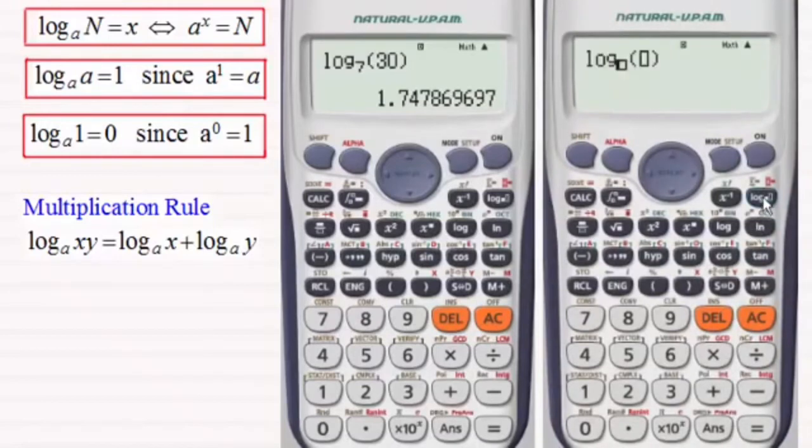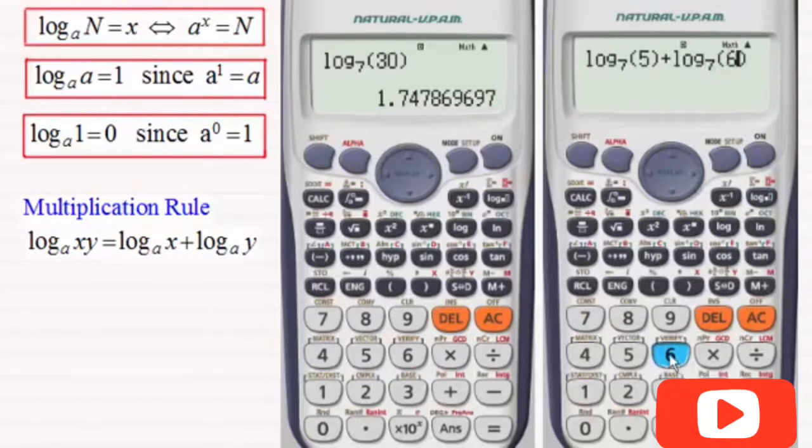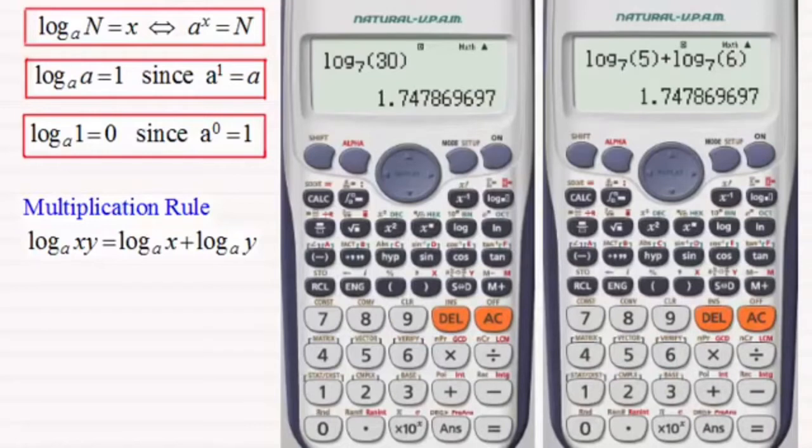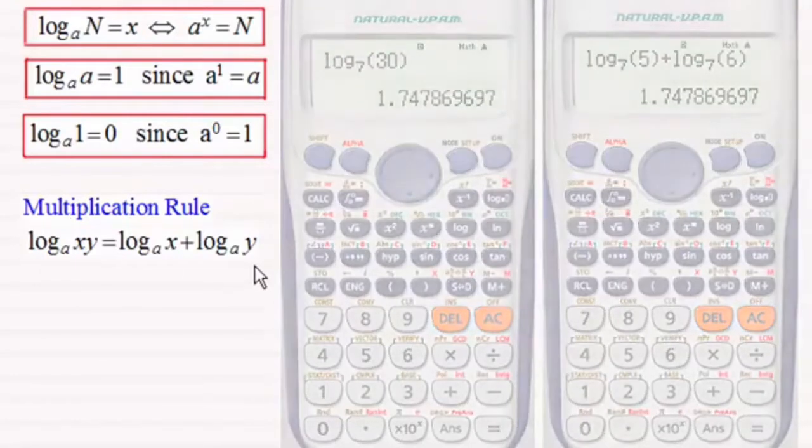So I could just verify this by doing the log in base 7 of 5. And if we move the cursor across, plus, and then if I take the log in base 7 of 6, press equals, we get exactly the same value. So do try experimenting with this rule on your calculator just to verify that it's true.